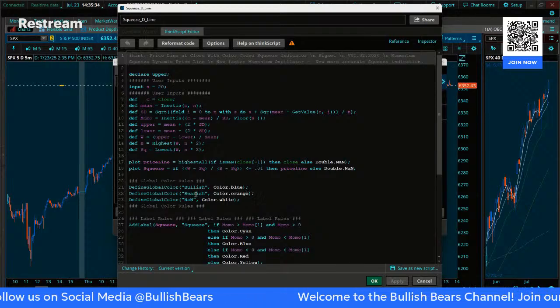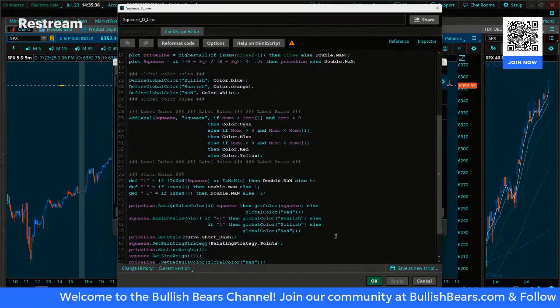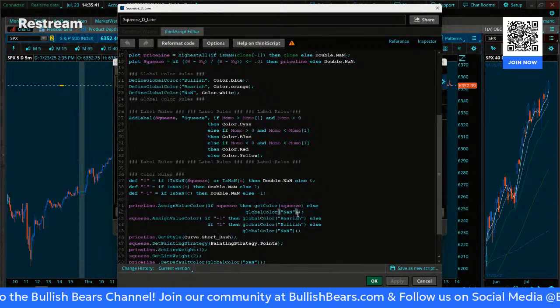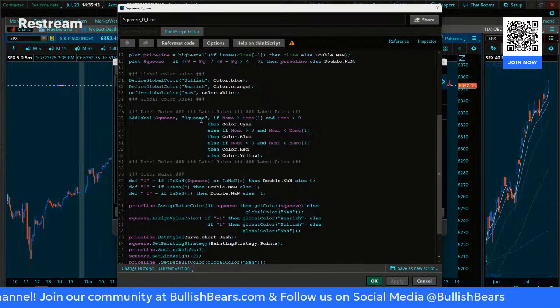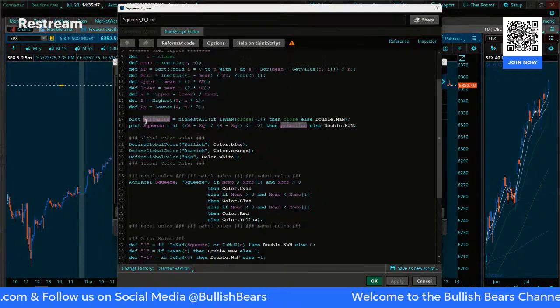I got bullish, bearish, and none, and then squeeze. So whatever squeeze happens to show on the label, that'll be what we get. Squeeze up here.